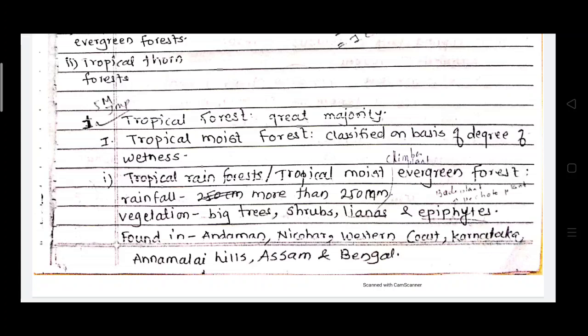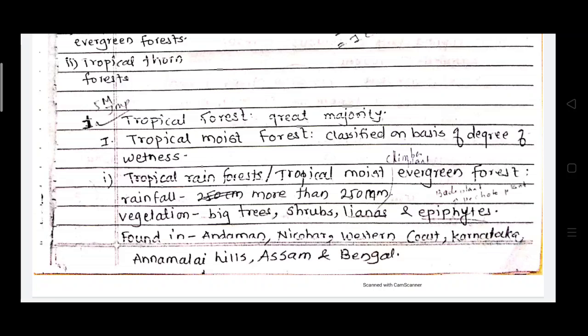The first subtype of tropical forest is the tropical moist forest. Moist means wetness of the area. According to the wetness of the area, the forests are differentiated into four subtypes. First one is the tropical rainforest, which is also called the tropical moist or evergreen forest.